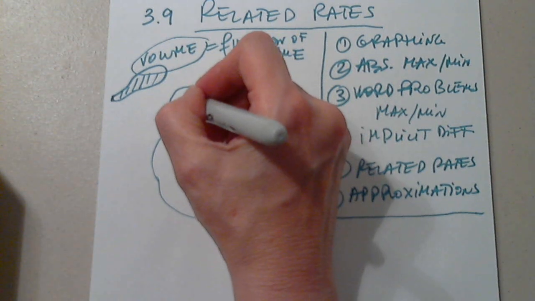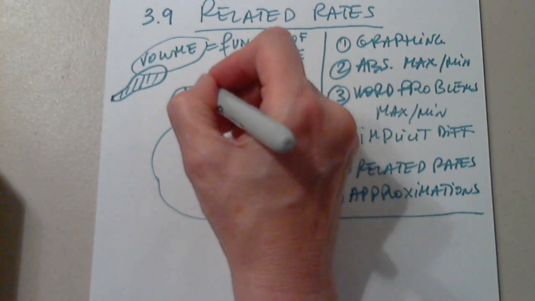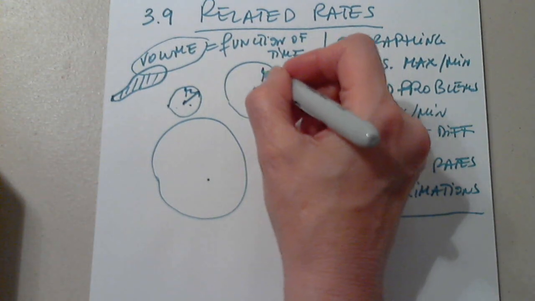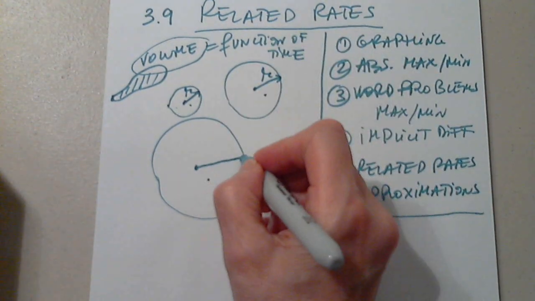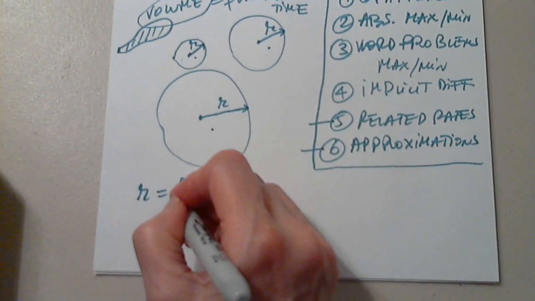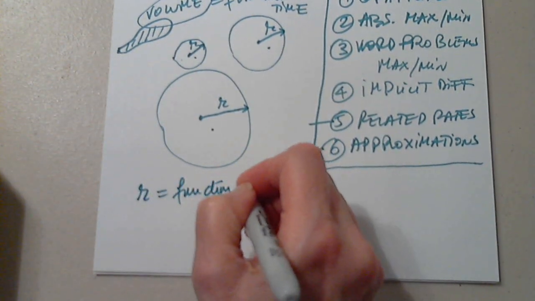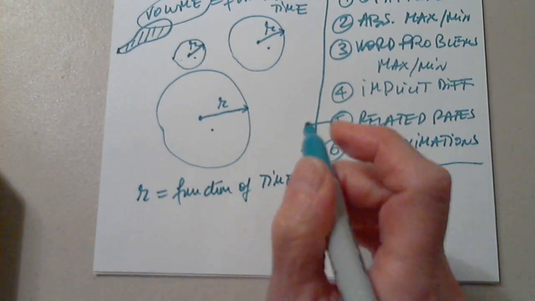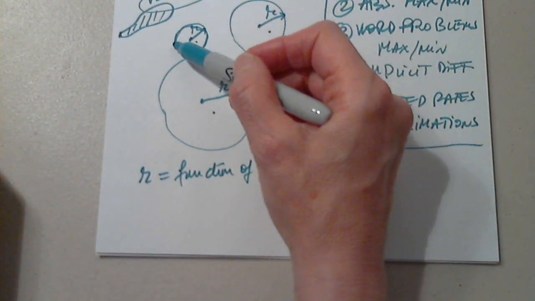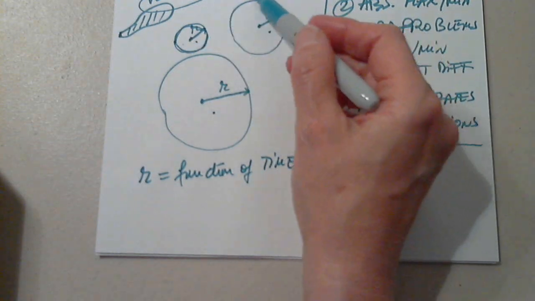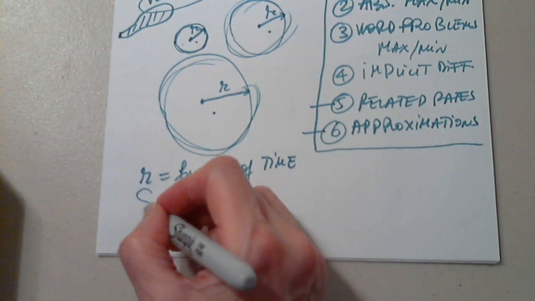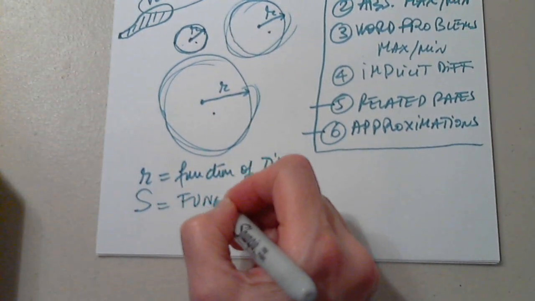Also, look at the radius. Radius is also a function of time. What else? Look at the surface area. Smaller, bigger surface area, bigger surface area. So S, surface area, is also a function of time.